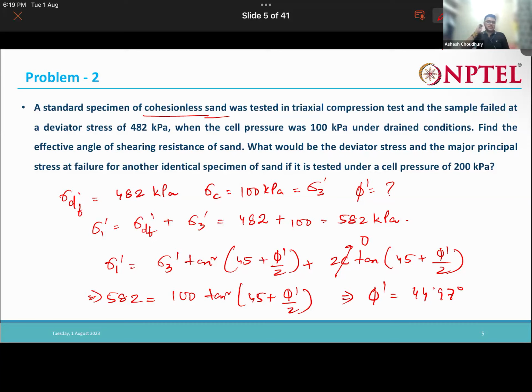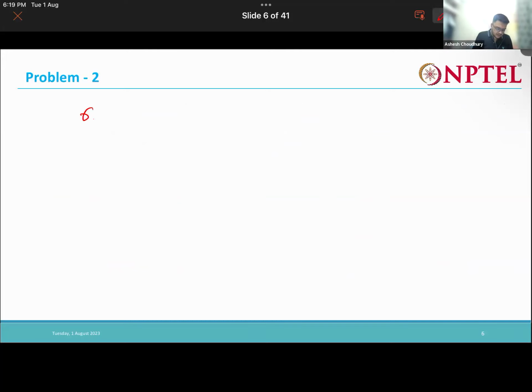Now let us come to the next part, the second part. What would be the deviator stress and the major principal stress at failure for another identical specimen of sand if it's tested under a cell pressure of 200 kPa? So we will be taking help of the same equation, right? So sigma 1 dash is sigma 3 dash tan square (45 plus phi by 2).